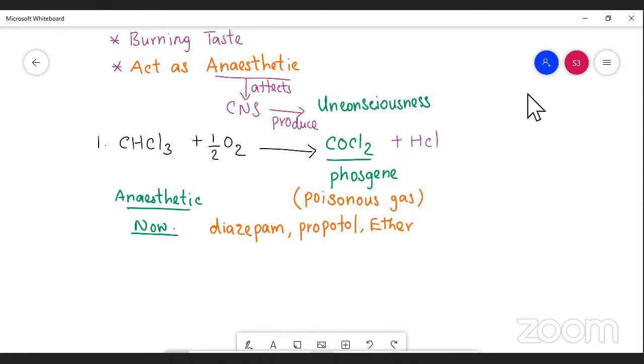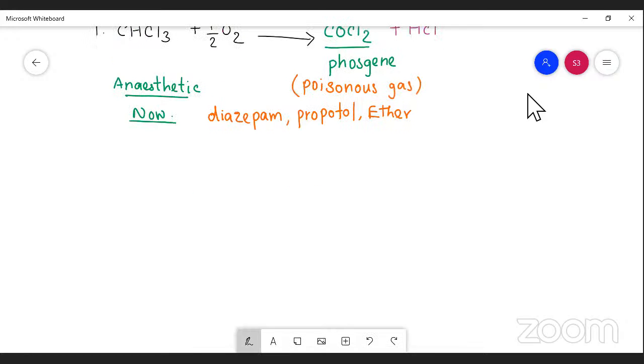Okay. Now, what happens on reduction of chloroform? That is the second reaction, the reduction of chloroform.